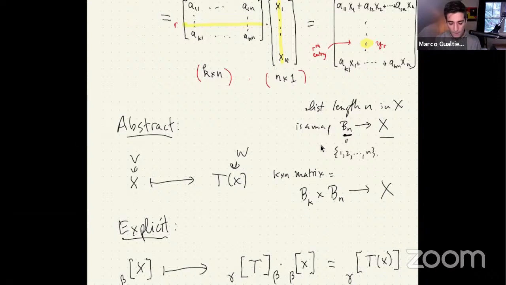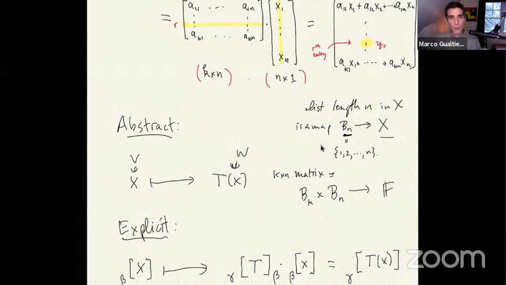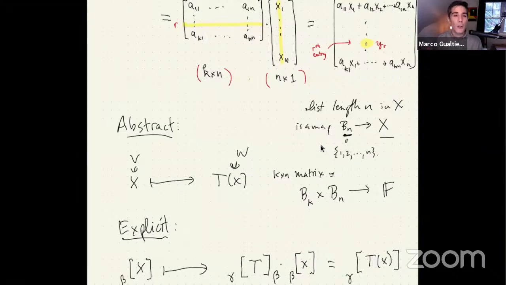Okay? But the way that we're using it is just to map it to the field. So that is the useful concept that we are using in linear algebra. But of course, in general, you can consider lists of other things, right? What are we considering lists of? We're considering lists of vectors or lists of numbers.